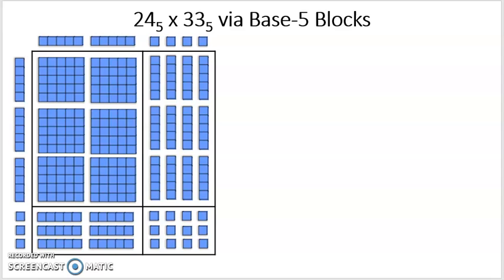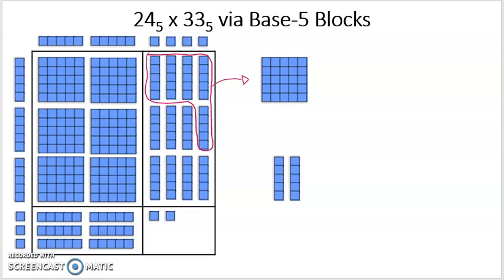All right. So now the key to this is once you've created this table, then what you can do is just exchange. So the first step is I'm going to exchange the units. So I know that I've got 12 units. 12 units can be exchanged for 2 longs with 2 left over. So that gives me this. Then I'm going to start exchanging flats. Now remember, I have a total now.